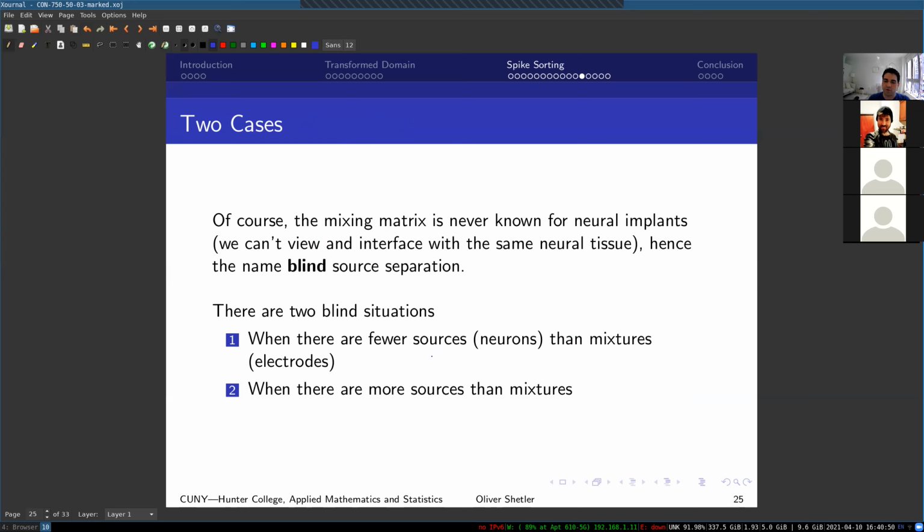So the sources are, in this case, the neurons, and the mixtures are the electrodes that are receiving the impinging data. And so what we're saying is that there are fewer neurons than electrodes in one case, and more neurons than electrodes in the other case. Now, obviously, the first case never happens, but as we'll see, there are some ways around it, so it's useful to at least think about.